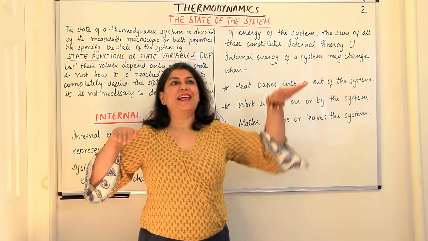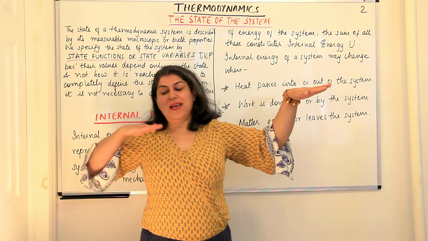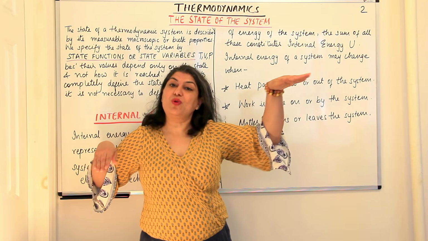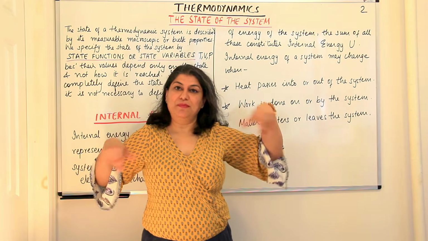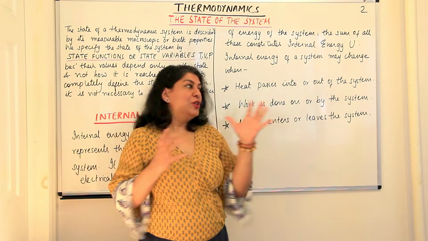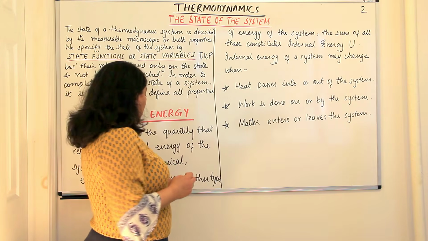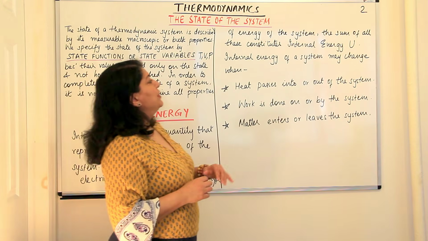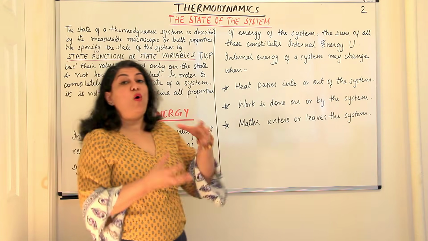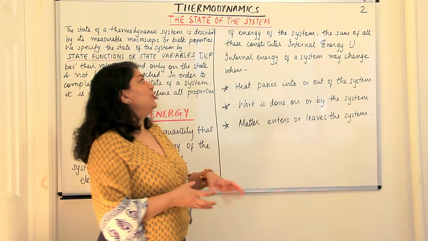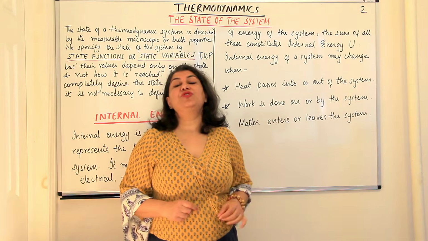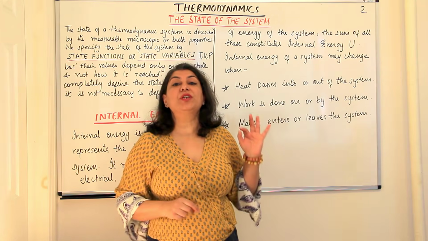What is important is that at one particular point, this was my total internal energy, and at another particular point, my total internal energy of the system, that is me, is this much. The sum total of all these constitutes internal energy, and the symbol used for internal energy is a capital U.